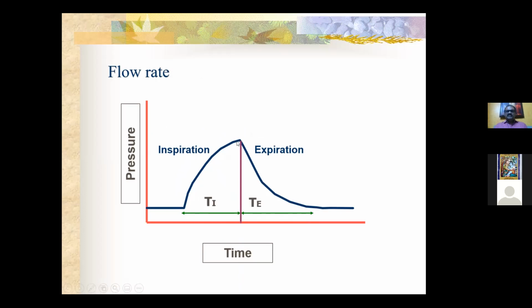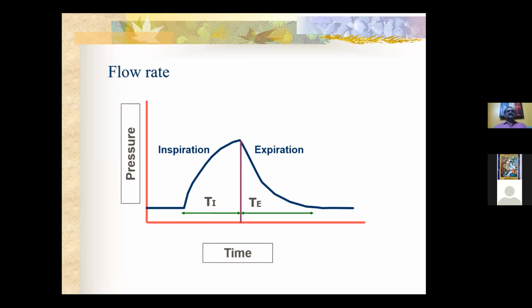So the inspiratory time will be high, and the expiratory time will be less. But if the flow is fast, then the inspiratory time will be less, because it will achieve the tidal volume or the pressure that you have set in a very short time. The flow is very high.